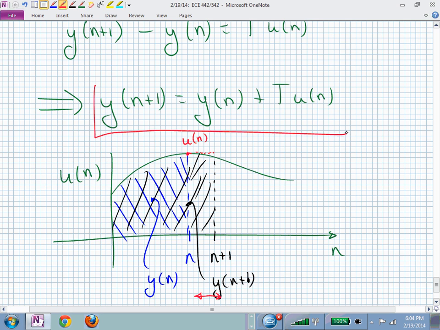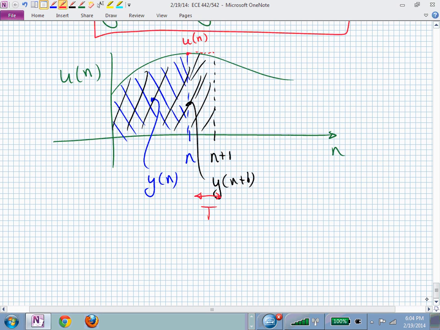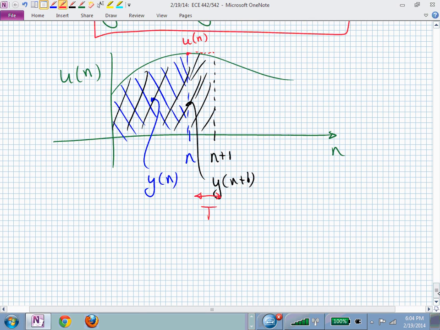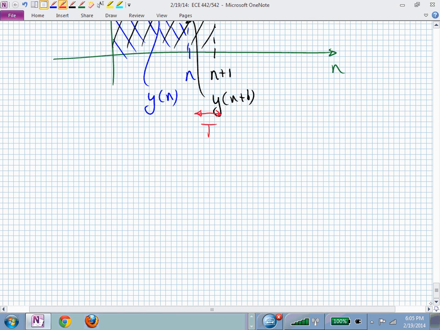This is now just a way of numerically integrating some waveform or function u of n. And the area under that curve will obviously improve as we shrink capital T, as we make the sample period smaller.